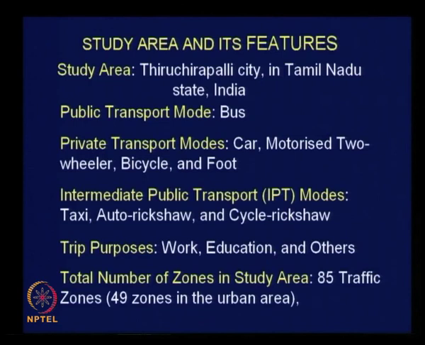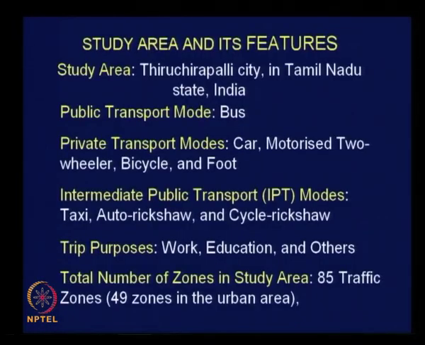It was not exactly the city, but the population of the study area, which includes the surrounding panchayats, town panchayats, etc., from where there is regular commuting by people into the city center. It was just 1 million, and the number of traffic zones is just 85.